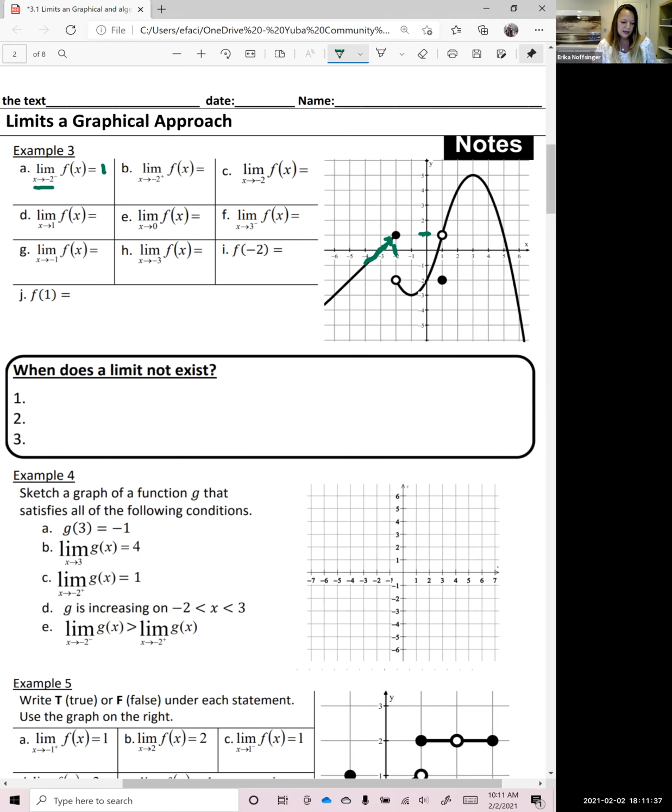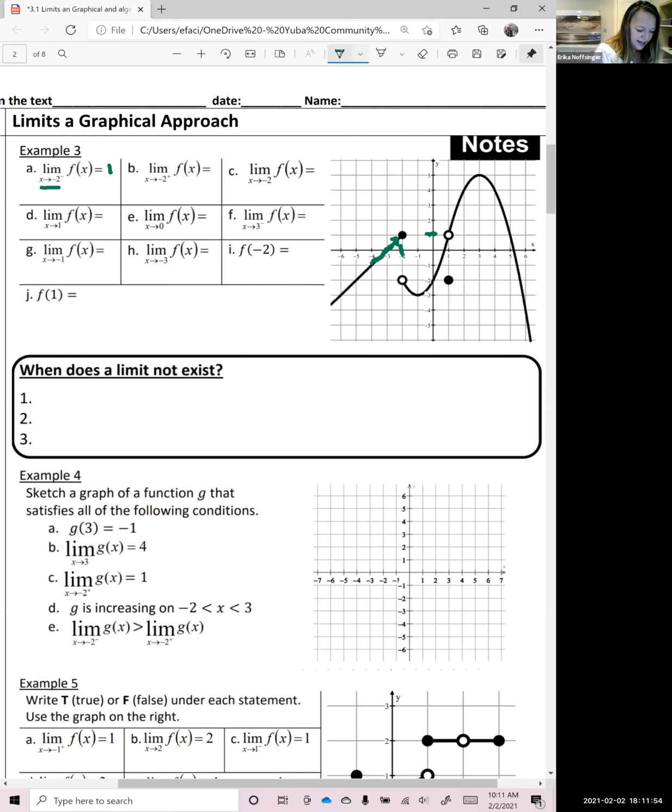So B says, let's look at the limit as x approaches -2, but this time on the right-hand side. Because there's a jump in that graph at x equals -2, that piece is coming in, this right piece.